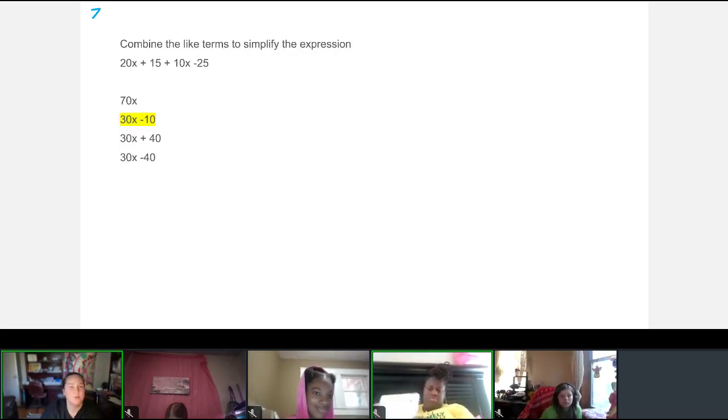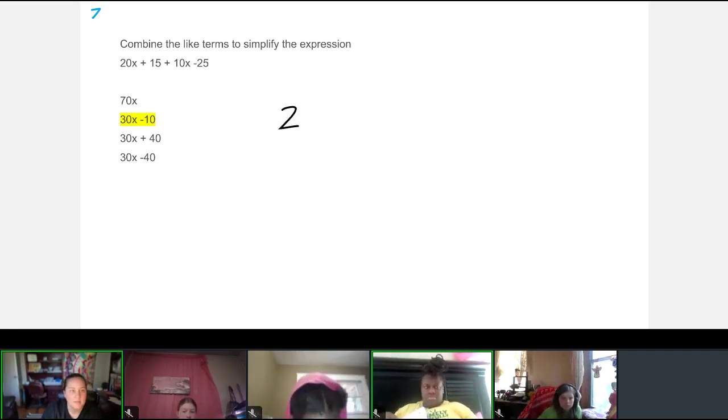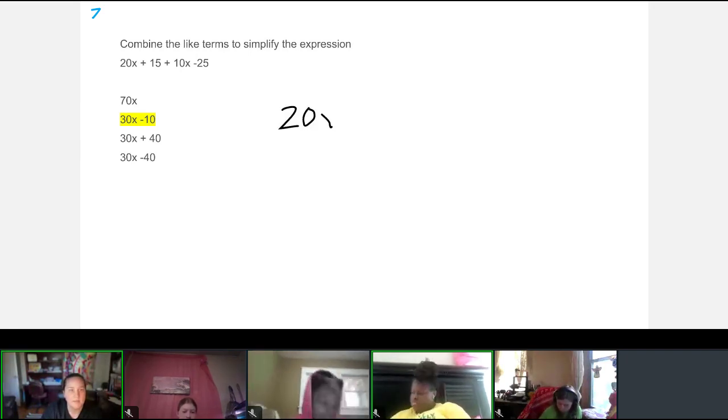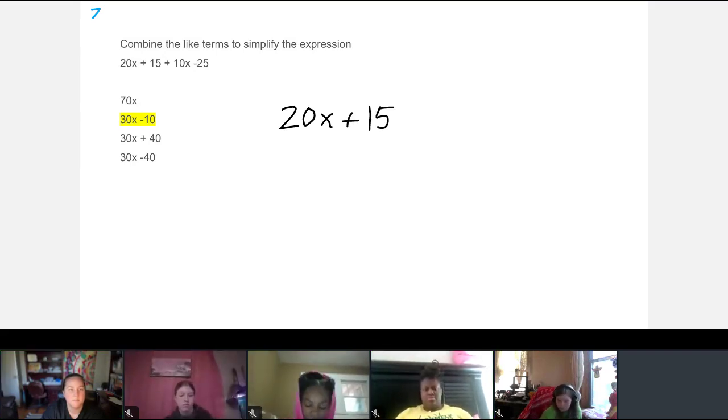Looks like this. I'm going to rewrite the problem over here so we can see it bigger. That says 20x plus 15 plus 10x minus 25.